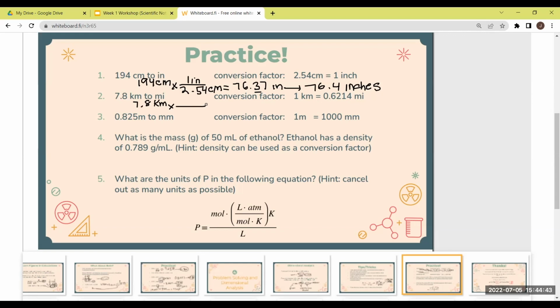And we want the units to always cancel out, so I'm going to put the kilometers on the bottom. And then the conversion factor is going to be 0.6214 miles.